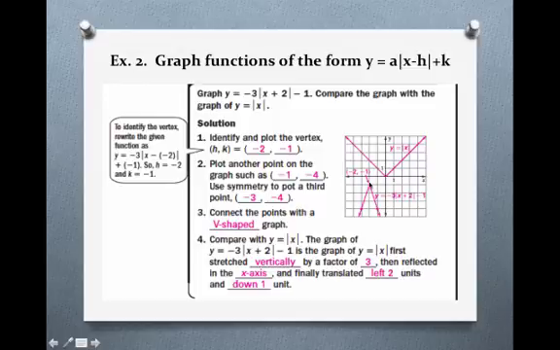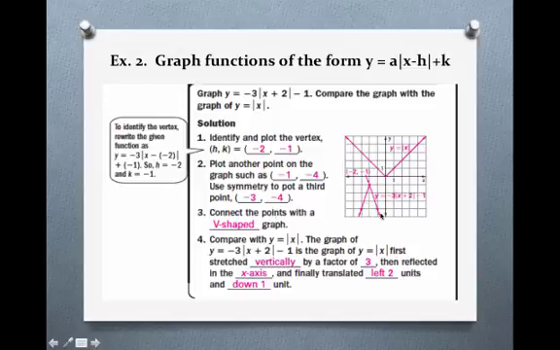Then I go back to my vertex, and I go down 3, because I have a downward opening absolute value function, and I would go left 1. So from (-2, -1), we go down 3 and left 1, and that gets us to (-3, -4). Then we play connect the dots on either side, and we give ourselves our V-shaped graph.